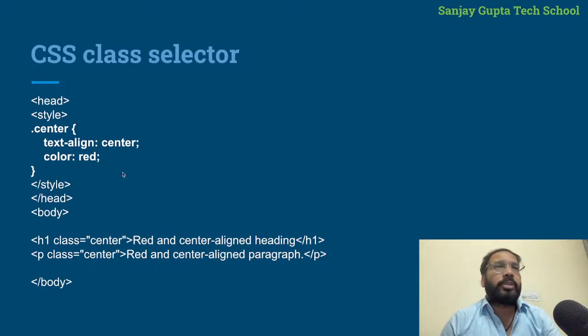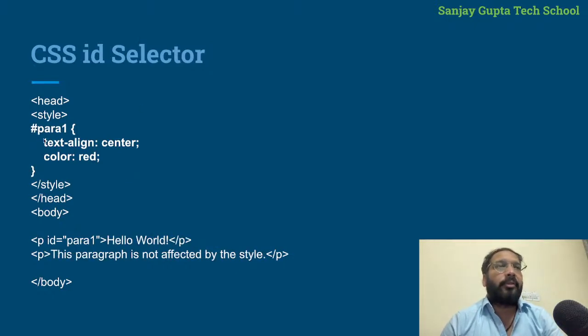So we have two selectors. One is ID selector, where we are using hash, and we can use any name. Inside curly braces, we can define CSS. Then we can use it like this, like ID equals para1. But the problem is this ID is basically known as identification. So the CSS we can use with one element only.